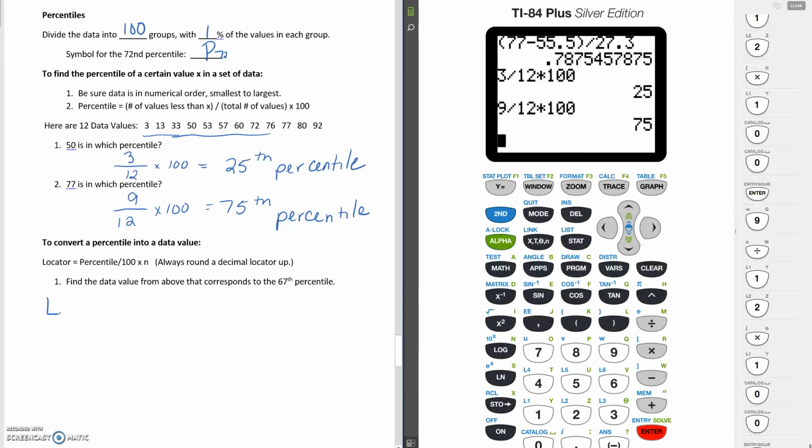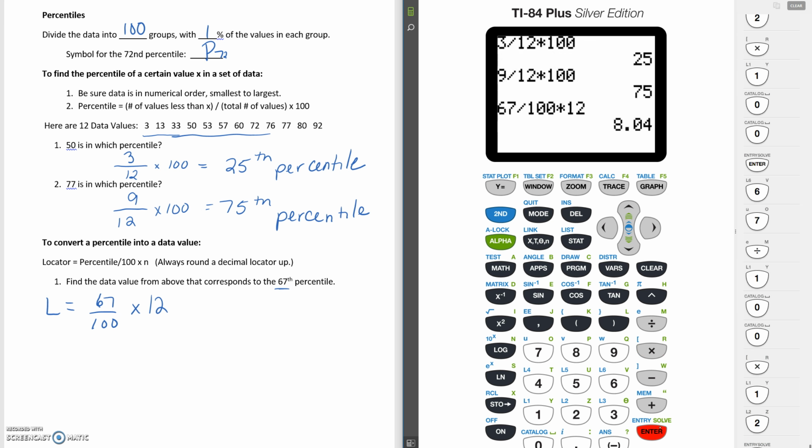So to find our locator, I'm just going to call it L. We take our percentile, the 67, divide that by 100. That just turns it to a decimal. And remember, we had 12 data values, so we're going to multiply that by 12. So if we take 67 divided by 100 and multiply that by 12, we get 8.04.